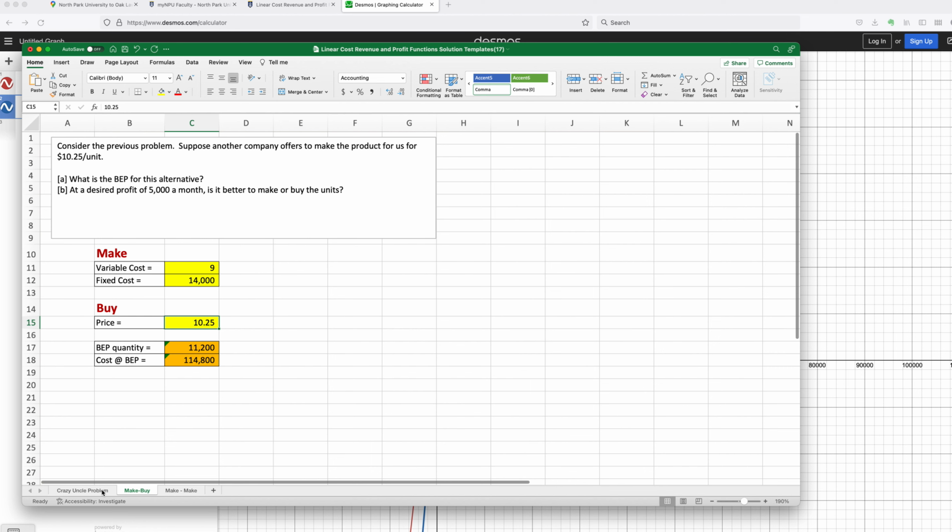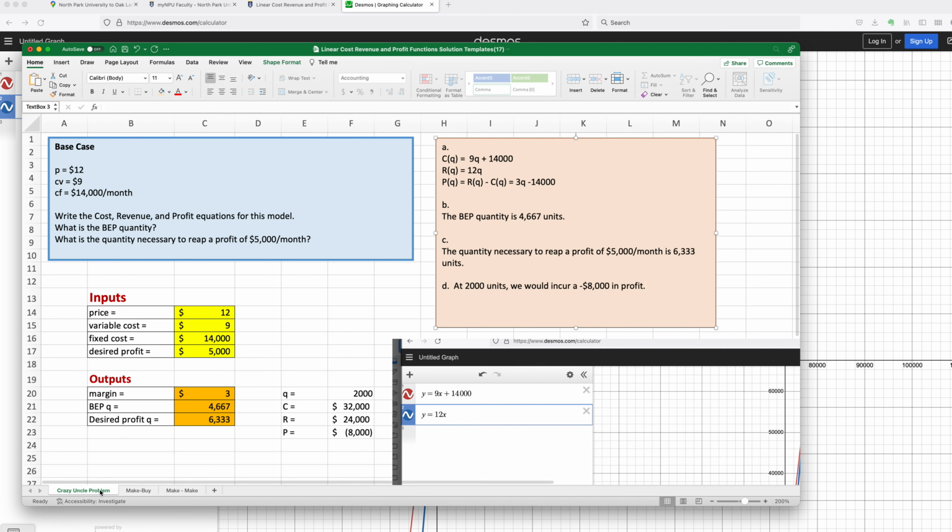So we already know here, if I want to make 5,000 a month, my desired profit, if I make it myself, I have to make 4,667 of these units to make 5,000 a month.